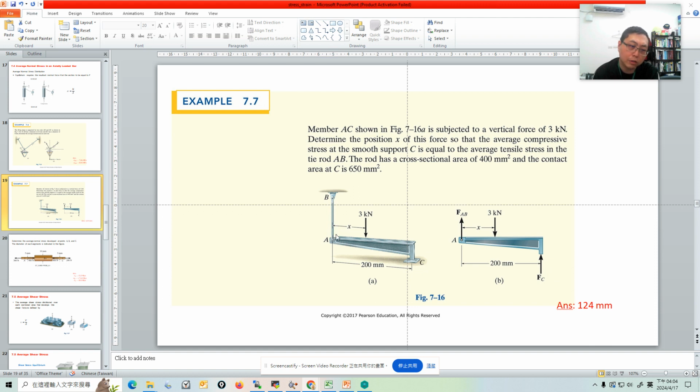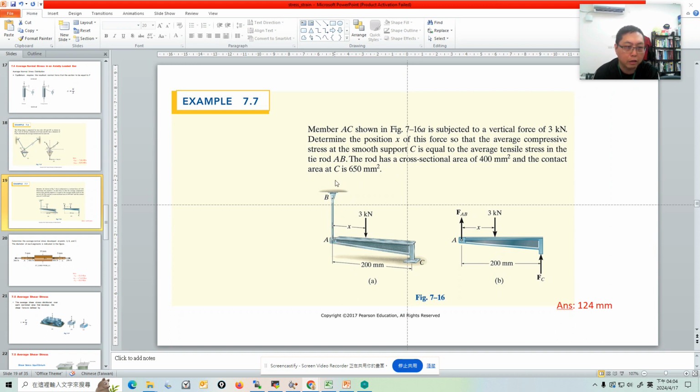What is the distance x that makes this tensile stress equal to the compressive stress at C?